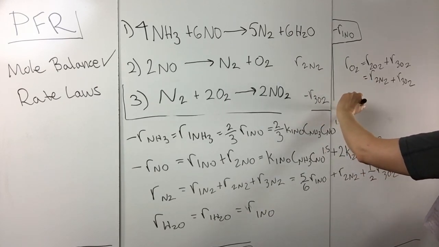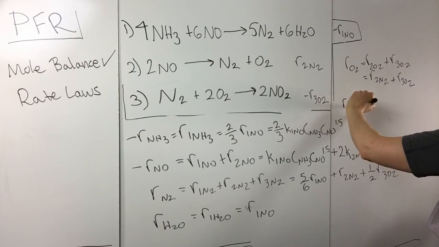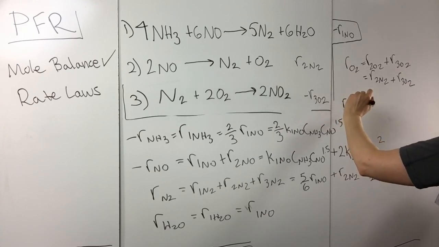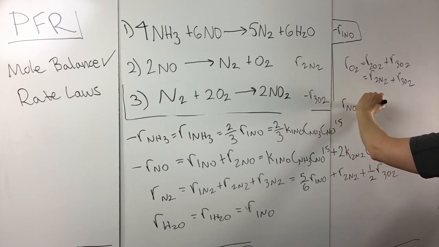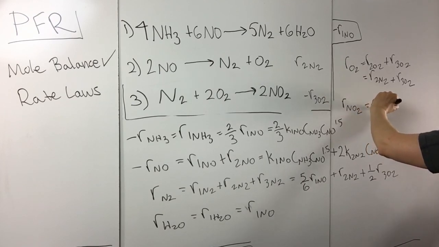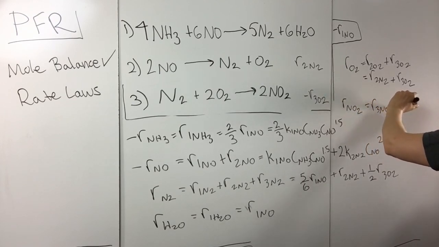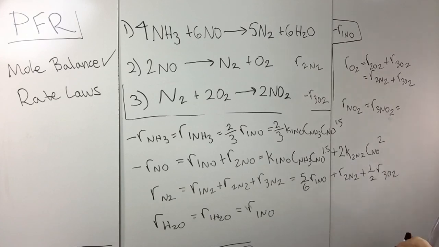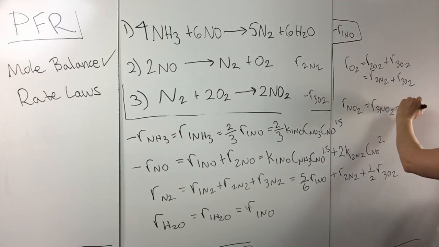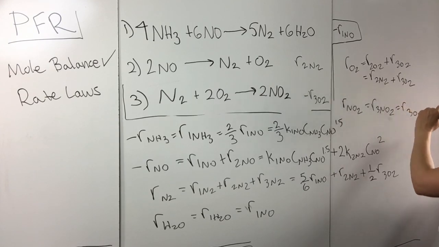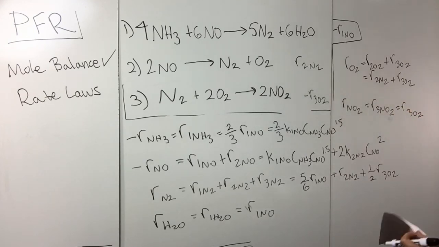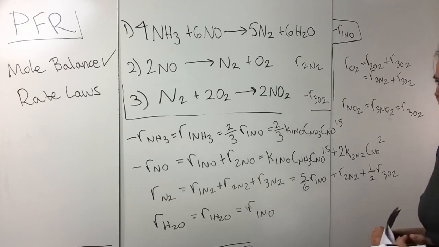And R_NO2 was equal to R3_NO2, which was just R3_O2. So that should be it for the rate laws.